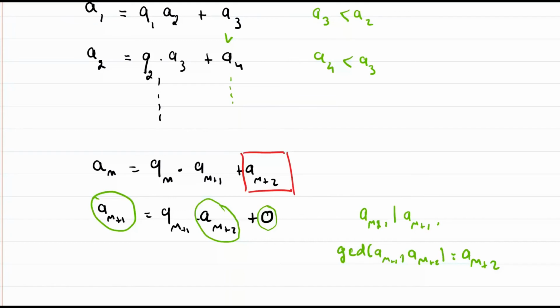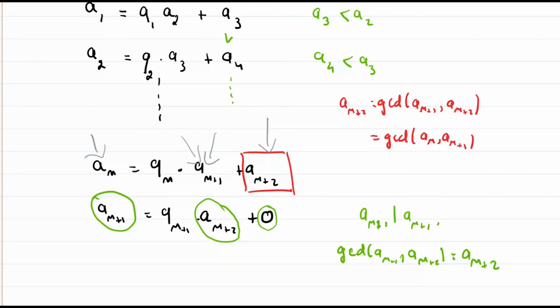So I can say that a_(n+2) is the greatest common divisor of a_(n+1) and a_(n+2). But this in turn, as we remarked, is the greatest common divisor of a_n and a_(n+1), because if a number divides these two, then it divides these two, by the same remark I've given above.